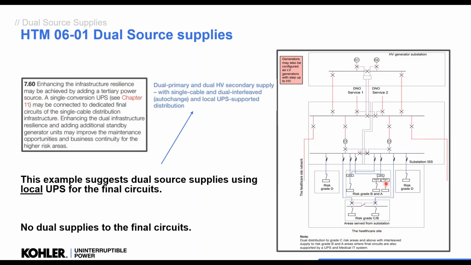Difficult to see, it's in HTM, but the UPS is here, fed from 2 different sources. Okay, so that's the dual source, and that's feeding directly out onto the medical IPS and to the load. So the dual source is coming into the UPS, not at the final circuits. Okay, so this is a final circuit UPS.